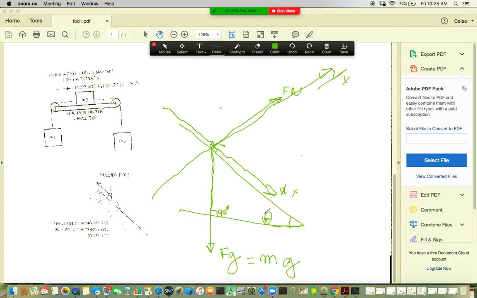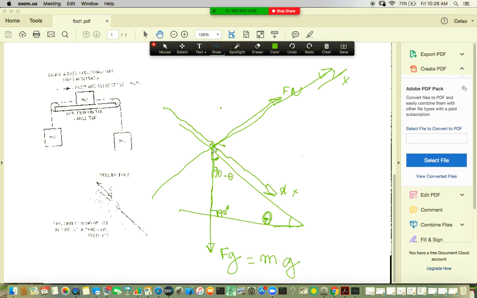So if this angle is theta, and if this is 90 degrees, therefore this angle up here is what? 90 minus theta. So think about theta 30 degrees. If theta is 30 degrees, this angle up here is 60 degrees. 90 minus 30. Is that okay?